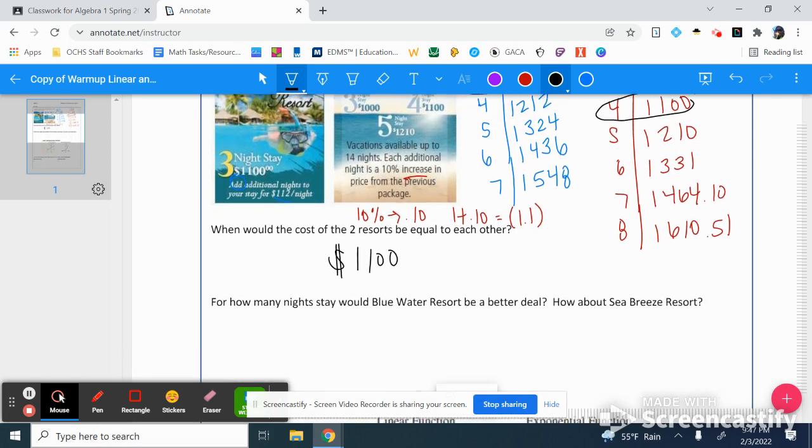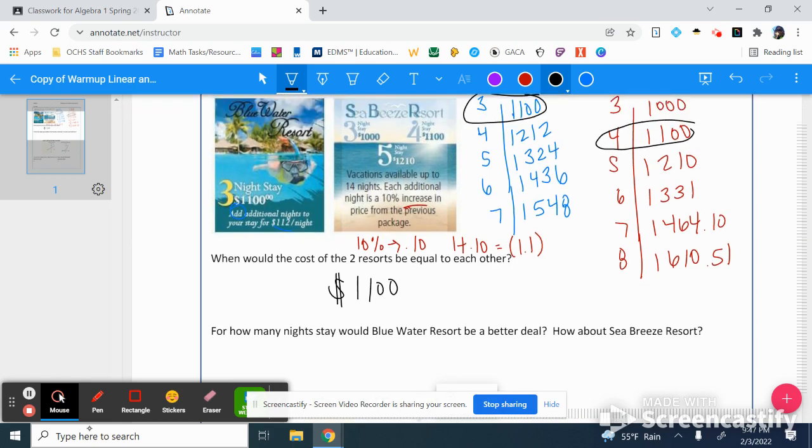So as I go through and we look at more questions, how many nights would Blue Water Resort be a better deal? And how about the Sea Breeze Resort? So to be a better deal, remember, I want to make sure that I'm paying the least amount. Well, I'll be paying the least amount up until night 7 here on the Sea Breeze on this side. So I can see at this point.